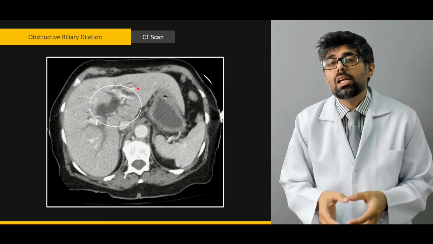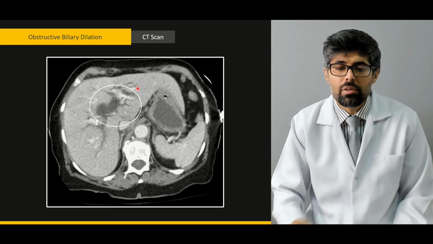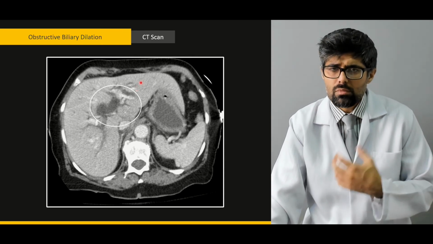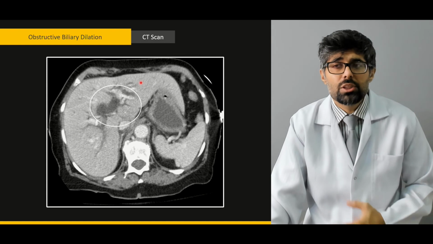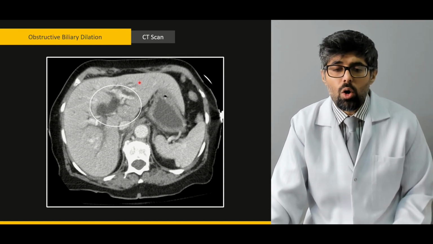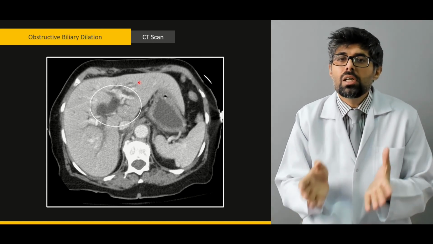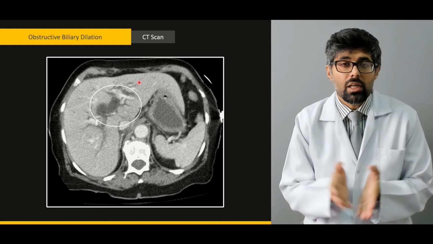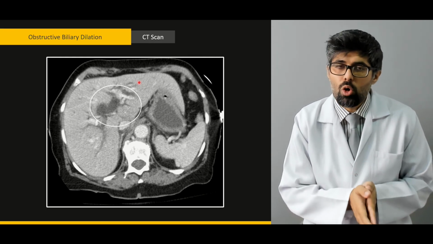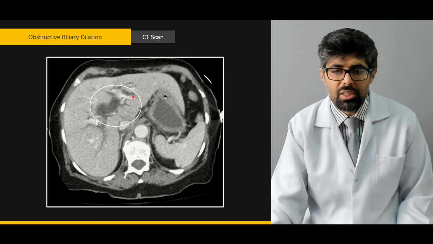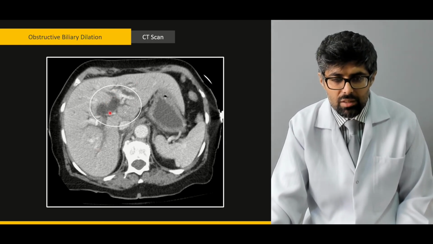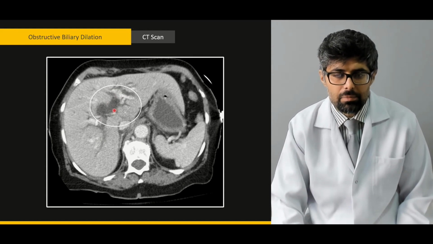But if the biliary dilation is inside the liver, it is usually due to the presence of certain tumors such as cholangiocarcinoma, or if it results in the dilation of both the right and left hepatic ducts, it can be due to a tumor called Klatskin tumor. In this picture, you can see the axial CT scan shows us that there's biliary dilation inside the liver.